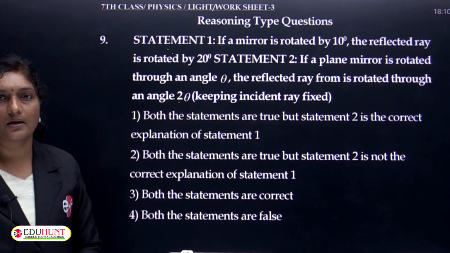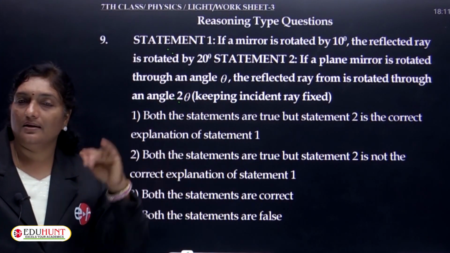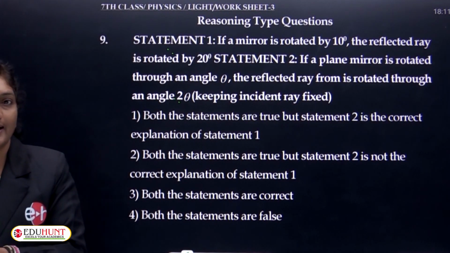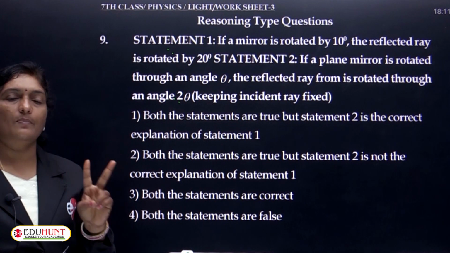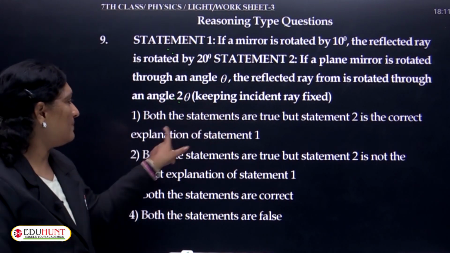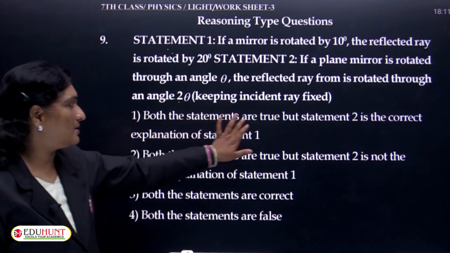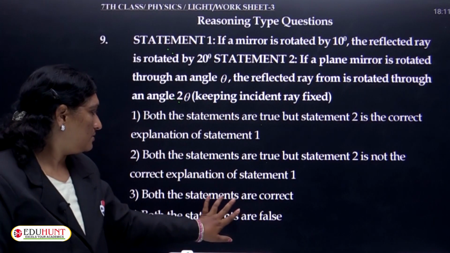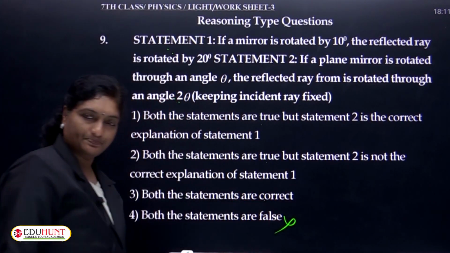Very clear. So statement 2 is also true, statement 1 is also true, and clearly statement 2 explains statement 1. So both the statements are true. Obviously, the fourth option, false, is wrong.